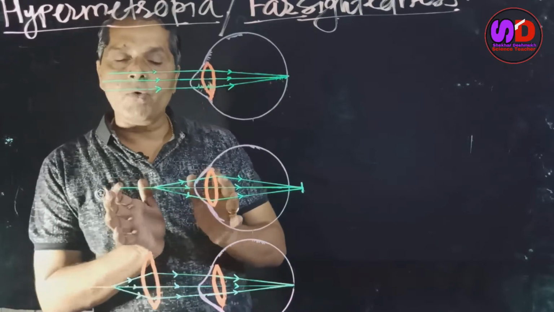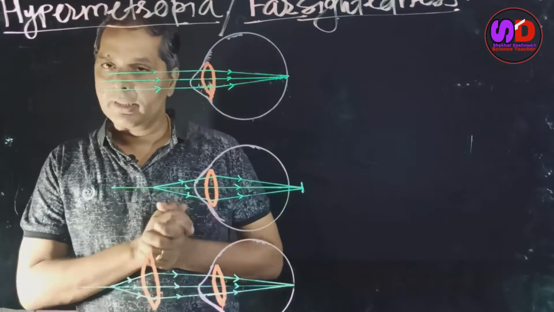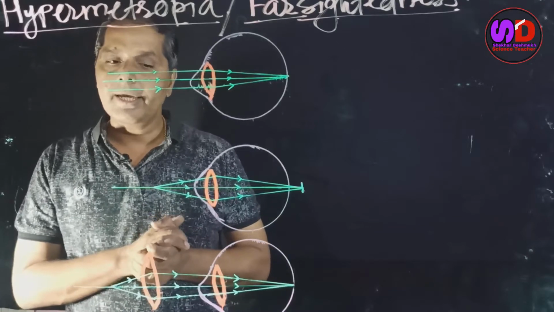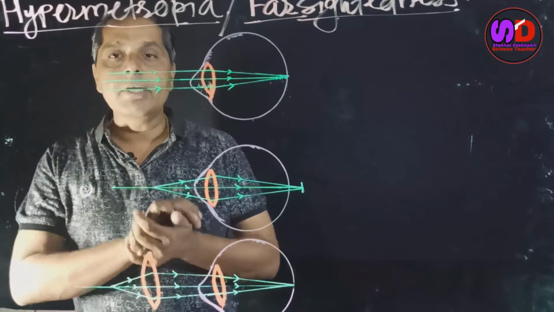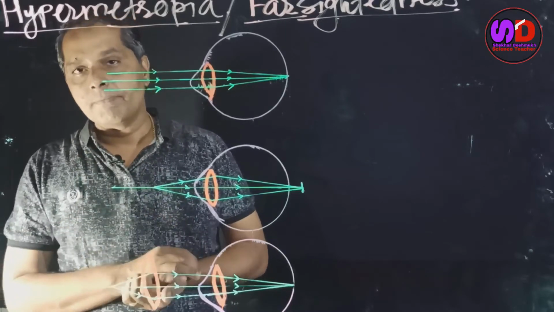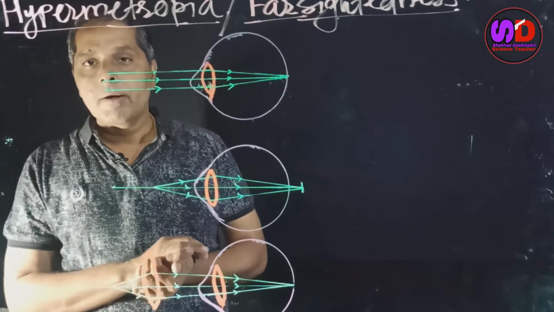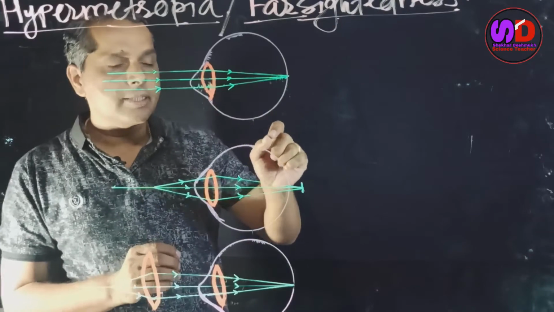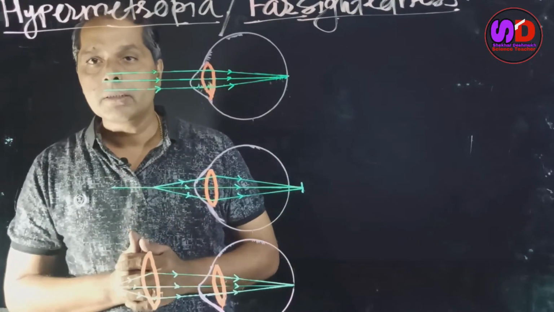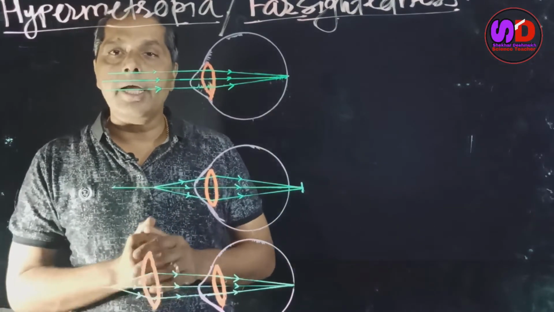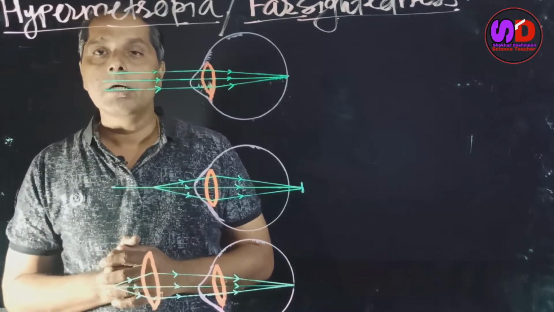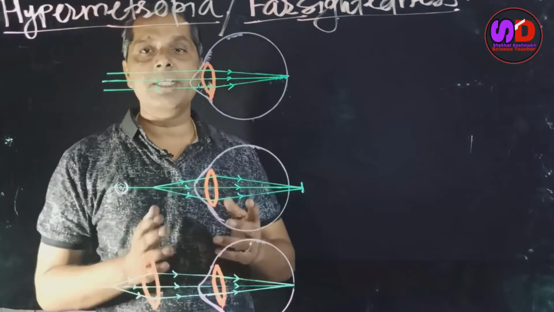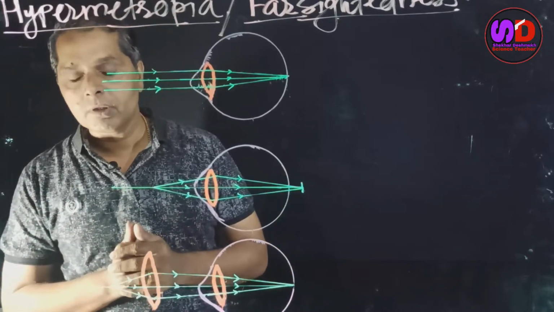And the type of question which is asked for this is, suppose I give one example. Payal is a 10th standard student. She is unable to read the book. So from which defect is she suffering?